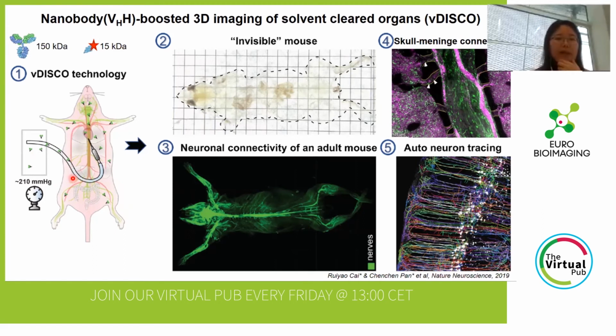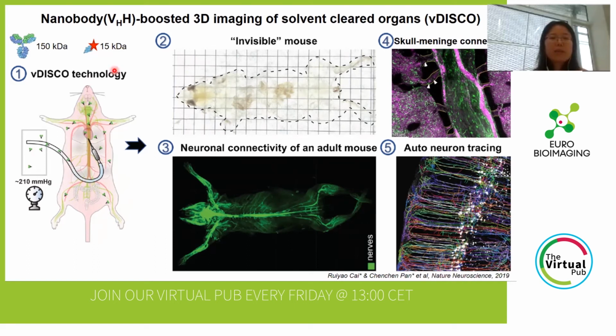Very importantly, we perfuse the nanobody inside of the whole body of the mouse. The nanobody is 10 times smaller than the antibody. That's why it can penetrate inside all of the organs.